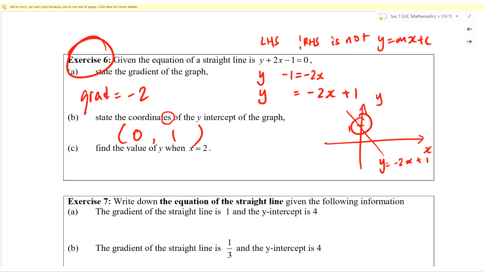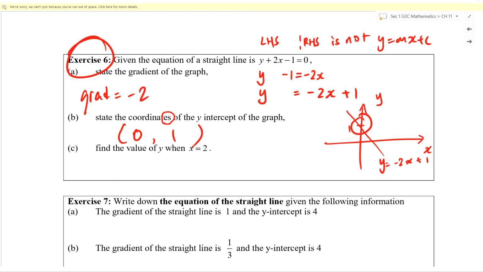Okay, if you're shy to answer, how about you tell me what is the value of y? I want to see whether you guys can do it mentally. So what's the value of y when x equals 2? Don't know? Negative 3? Anybody got negative 3? Raise your hand, negative 3. At least I know that you guys are thinking, yes, negative 3.